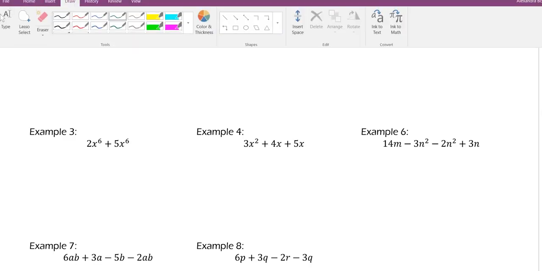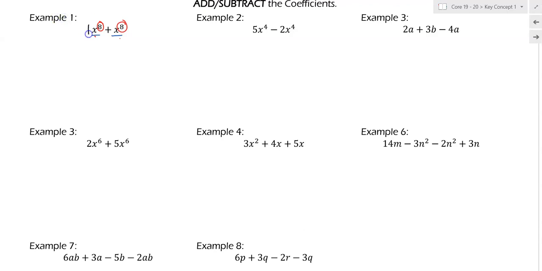In this case, my coefficient is 1 and 1. Don't forget, if there's nothing in front of that variable, the coefficient is 1. So I add those coefficients. This stays the same, and this stays the same. So 1 plus 1 is 2, x to the 8th.